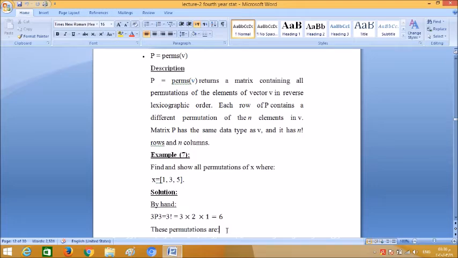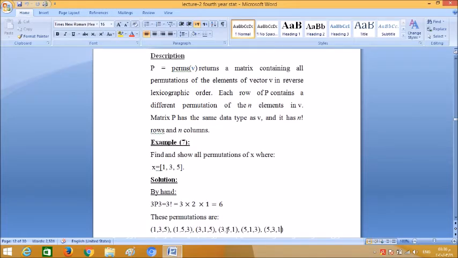These permutations are, as we said, 1, 3, 5, 1, 5, 3, 3, 1, 5, 3, 5, 1, 5, 1, 3, and 5, 3, 1. By hand we can begin with 1 or with 5 or with 3, but by computer, by MATLAB, it begins with 5, then 3, then 1.